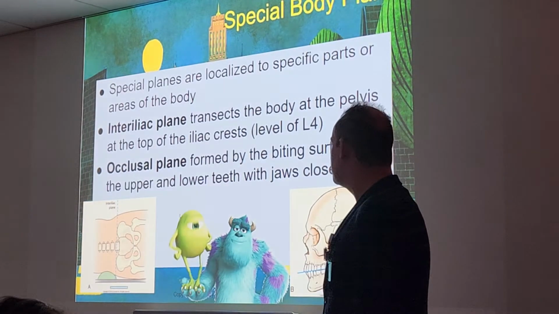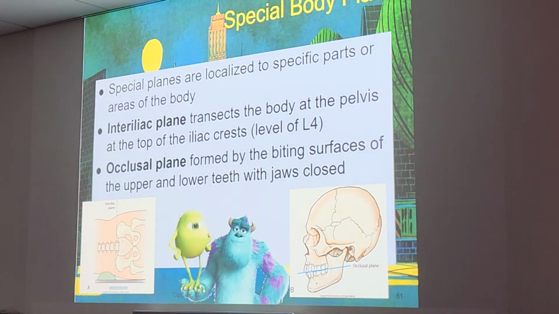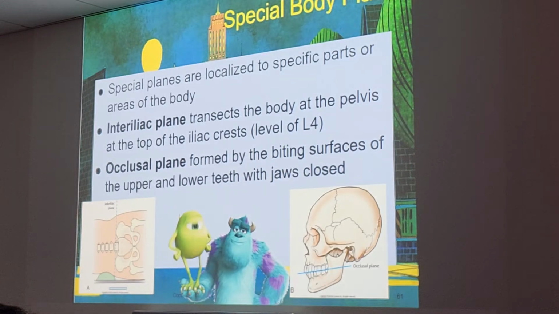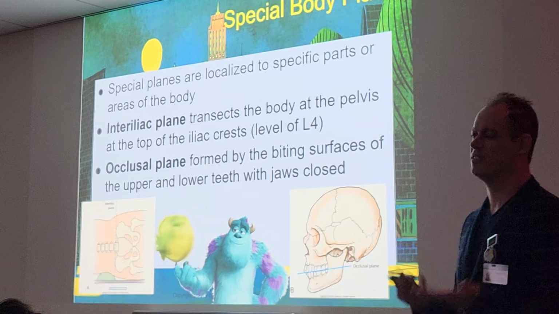Occlusal plane, that's going to be the biting surfaces of the upper and lower teeth. When we have the jaws actually closed, a line will pass through the jaws. That's what we call the occlusal plane. And who can guess what kind of area in medicine would use the occlusal plane? Dentist. Dentist, correct.